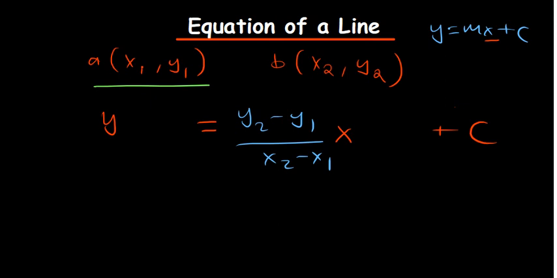This is the basic form of the equation. Now we just subtract a given point. Let's say we choose the first coordinate as well: y minus y1 equals m times x minus x1. This in itself is enough to help us find the equation.